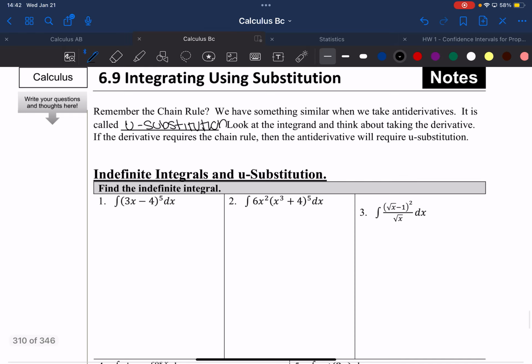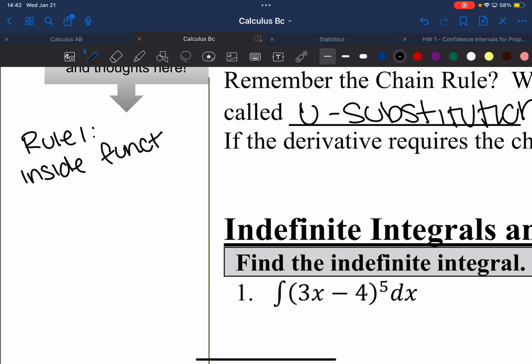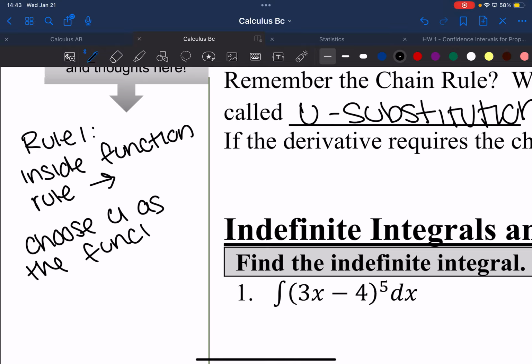Okay, so before we look at U substitution, off to the side, we're going to write some rules for it. So rule 1, this rule is called the inside function rule. It tells you if we have a function that has some part of an inside function like a parentheses or a square root, then we are going to choose that inside function as our U. So choose U as the function inside.